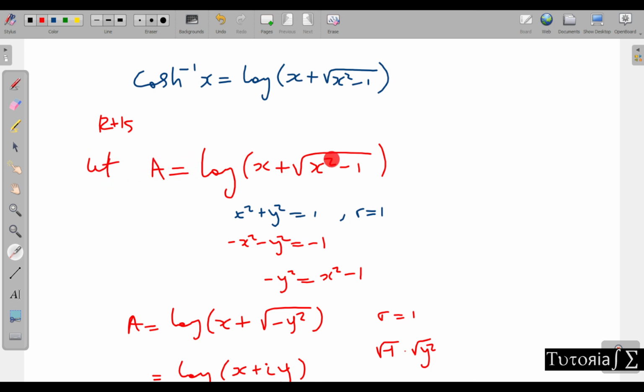Okay, but simply where we started is here. We let a equal to this part where we are starting, which is the left hand side. Then we recognize that this must have come from a circle with radius 1. But the only difference is that they had multiplied throughout by negative, which had not changed the meaning of the circle.